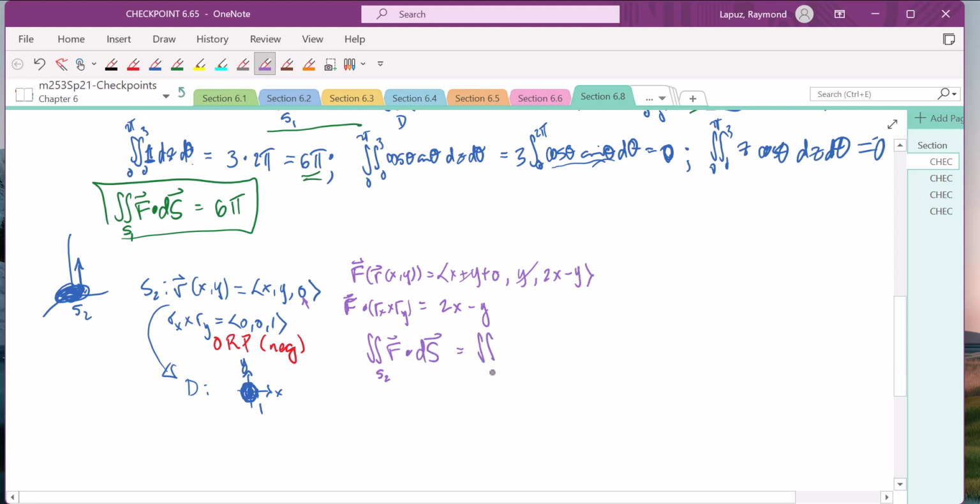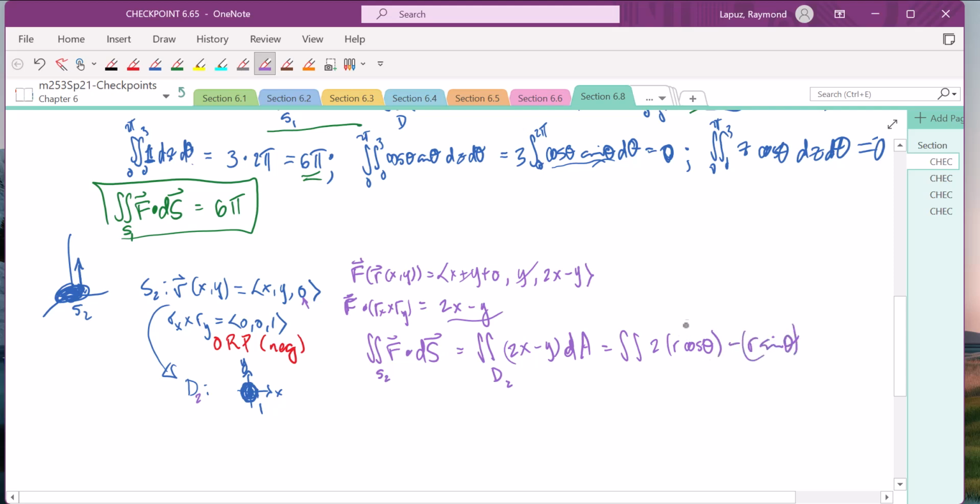All right, so our second integral, the flux integral of f dS over S2, is going to be the double integral over D. Let's call this D2 since this is our second one. And this is what we ended up with, 2x minus y dA. Now we're going to go to polar coordinates at this point. So 2 times r cosine theta minus r sine theta.